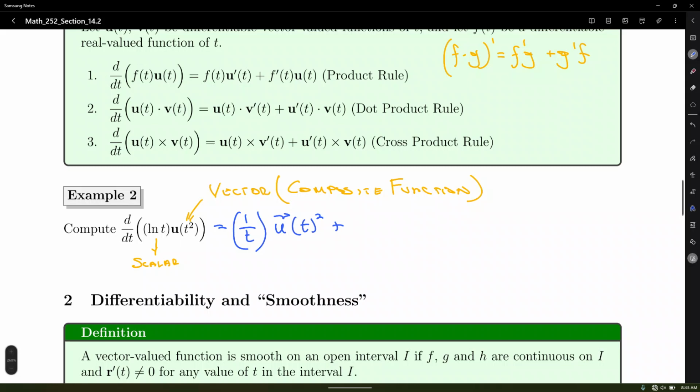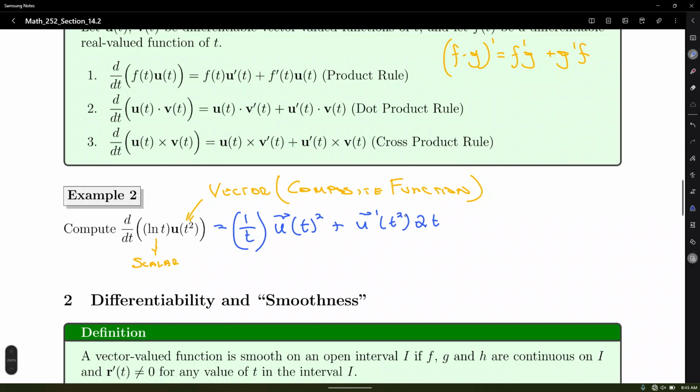Well, notice this is just like a generalized function that's composite at t squared. We could have a vector in the plane or in space containing trig or exponentials evaluated at t squared. But in this case, it's just any generic vector. So that is u prime of t squared, and then by chain rule multiply by the derivative of what you have inside of the parentheses, which is 2t.